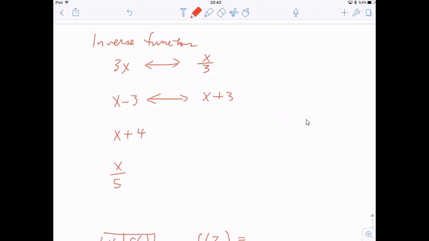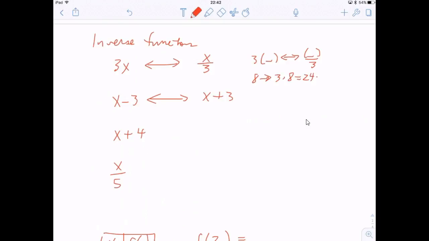Okay, so first, 3 times something is the inverse function of something divided by 3. So I'm going to take something and make it go through both processes, and then it will end up coming back to being itself again. First I'm going to take the number 8 and multiply it times 3, and I get 3 times 8, which is 24.